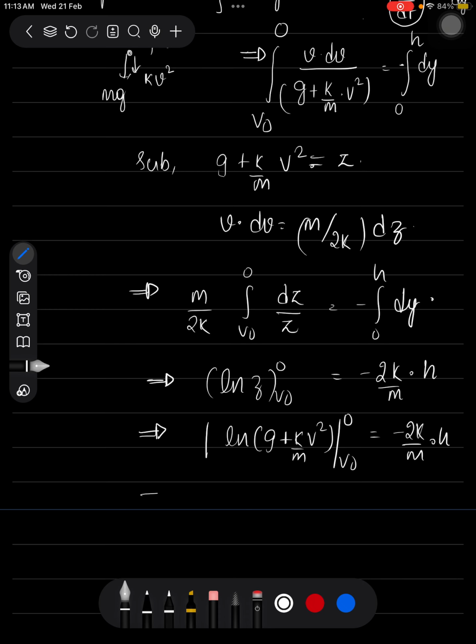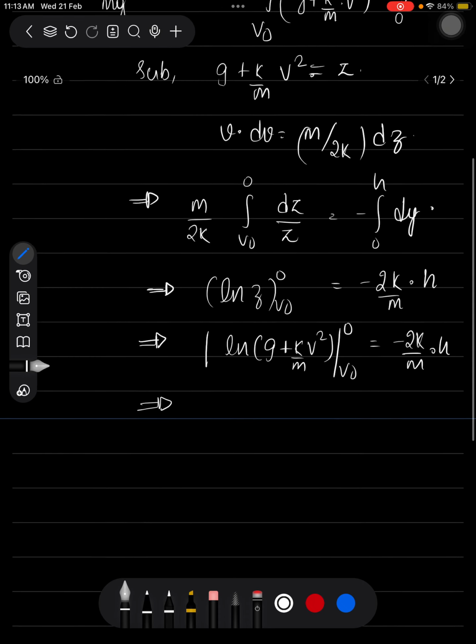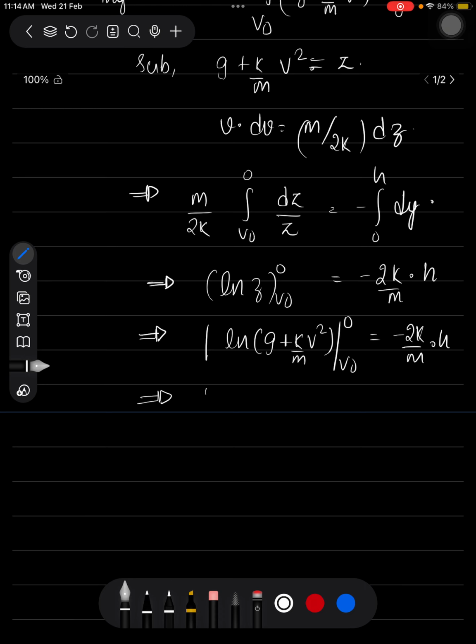You can substitute the limits and check what is happening. Here I am just writing the final value: h = (m/2k) ln(1 + (k/mg)v0²). This is the maximum height.